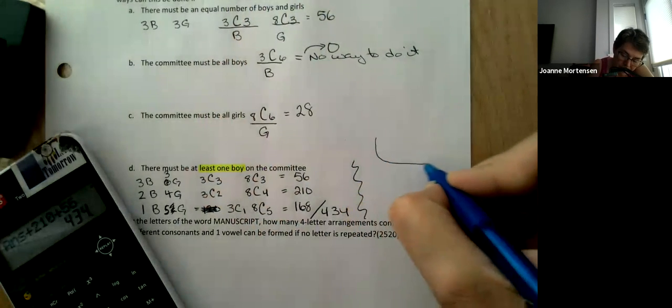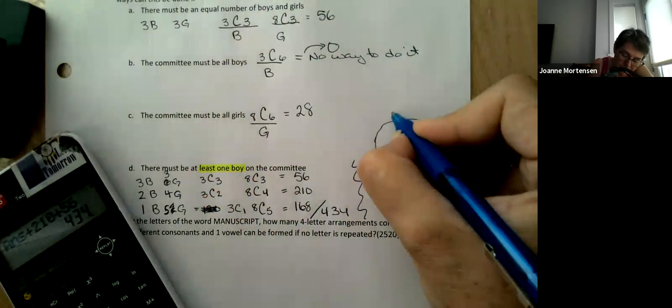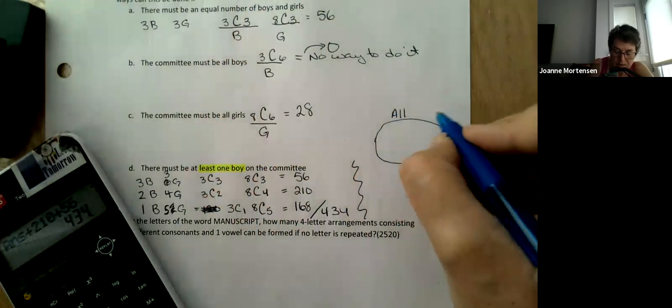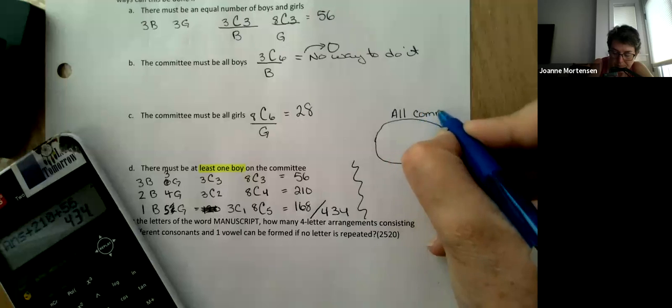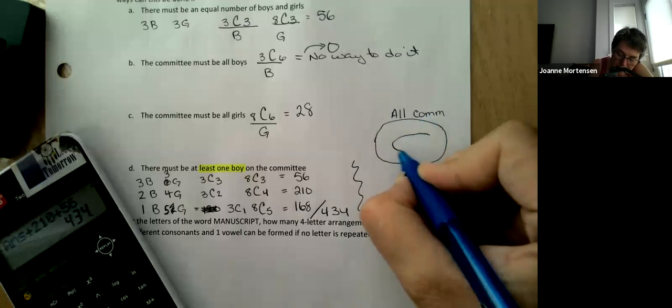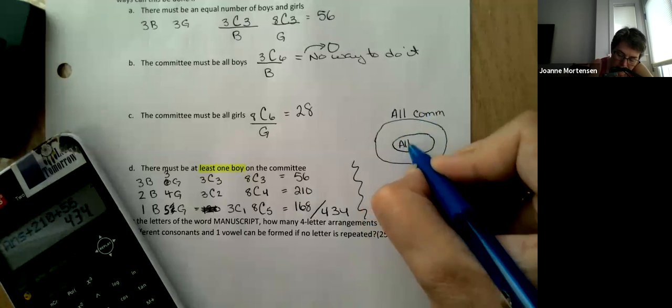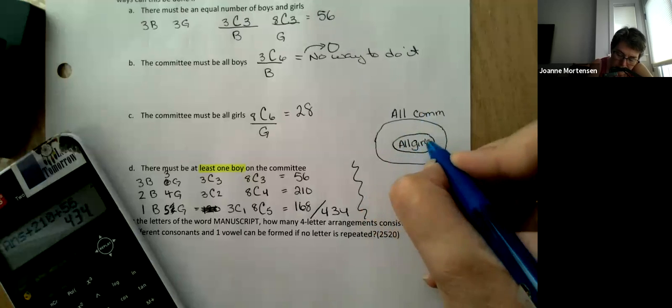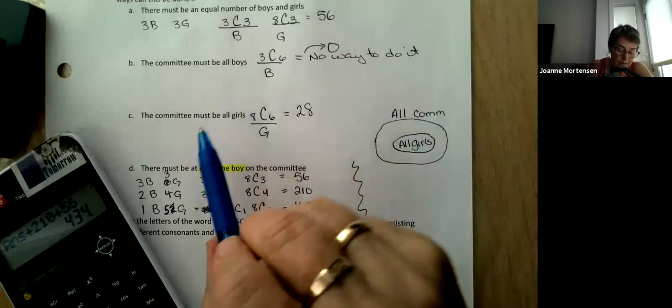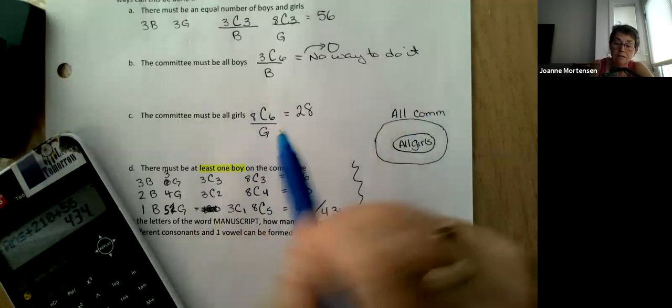Use my complement again: all committees minus all girls. And we already know that if the committee is supposed to be all girls, there's 28 ways.